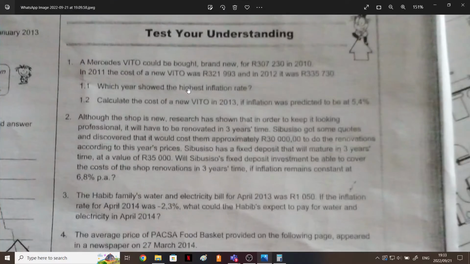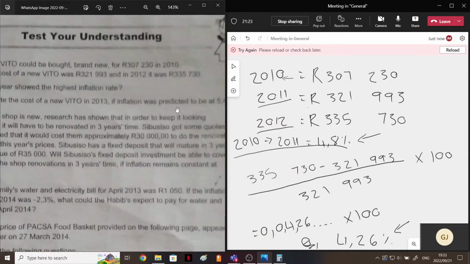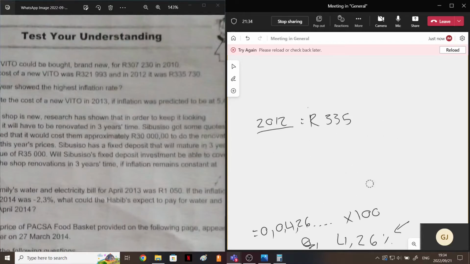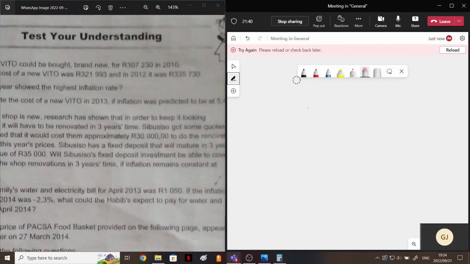1.2 says calculate the cost of the new Vito in 2013 if inflation was predicted to be at 5.4%. So what we're going to do is again open up our spreadsheet, obviously. They give a scenario where they ask you to calculate the new price given a set inflation rate.